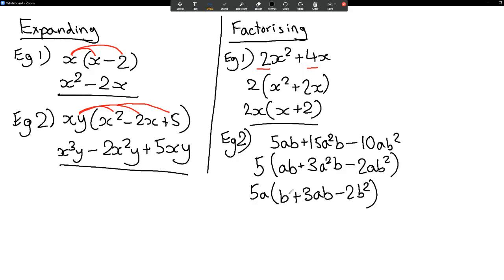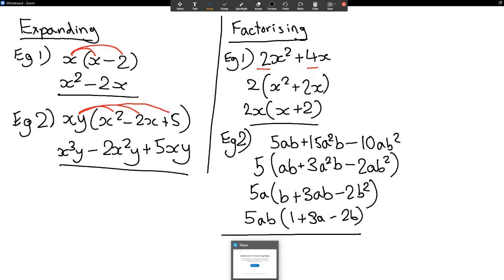And finally, let's look at the b terms. We have a b term in each one. But remember, for example, we can't take b squared out because there's not a b squared in each of the other terms. So we can only take the b out, like so. So we get 1, because b divided by b is 1, and then we get 3a minus 2b. And that's our answer. Okay, nice.